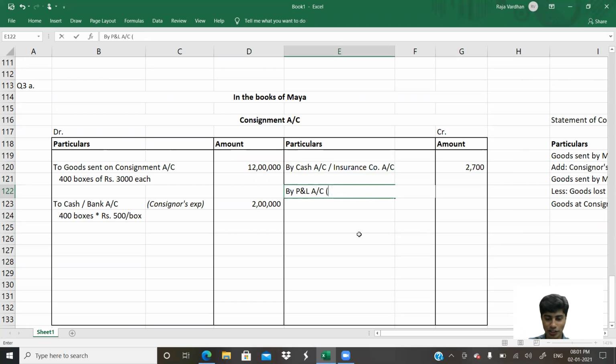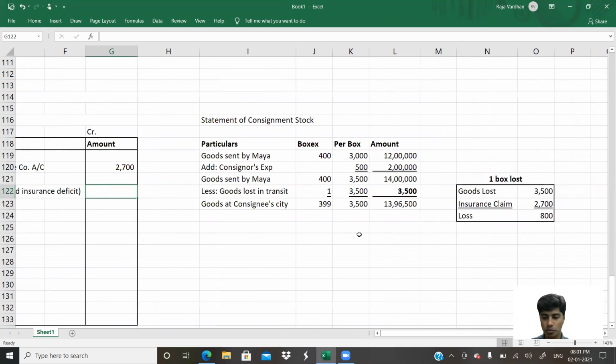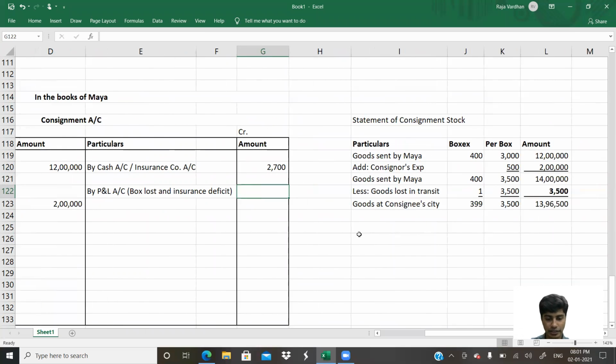Okay, box lost and insurance deficit. Box is lost and insurance claim is not full. How much is that? That is rupees 800. I hope that will help.